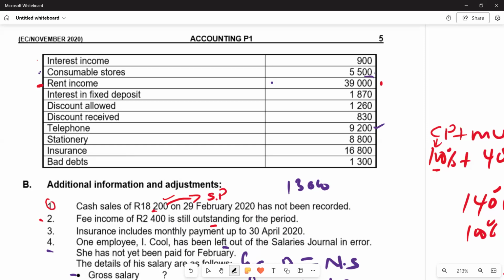Remember, it's pre-entered in the other section at the beginning of our operating expenses, so we are going to leave it. And also, we have got insurance here. Insurance has an adjustment, so you can leave it for now.